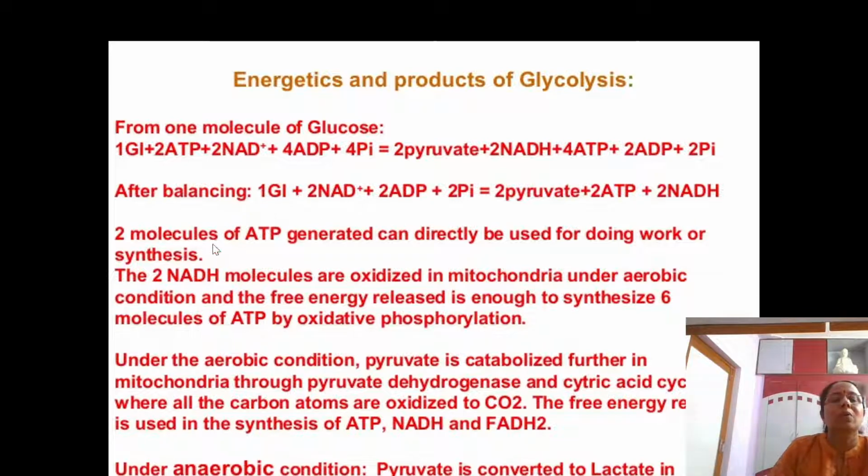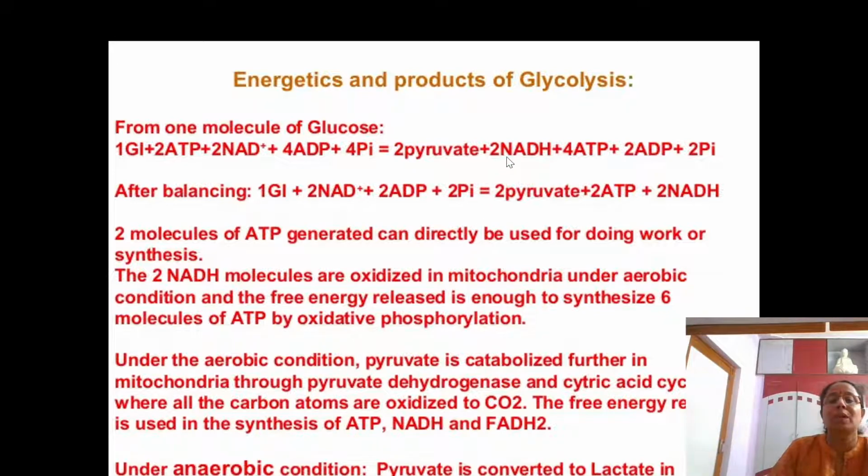Now, the 2 molecules of ATP generated can directly be used for doing work or synthesis. See, in the reactions we saw there, 2 NADH are liberated. This NADH enters into the ETC, the electron transport chain. For 1 NADH, 3 ATPs are synthesized.